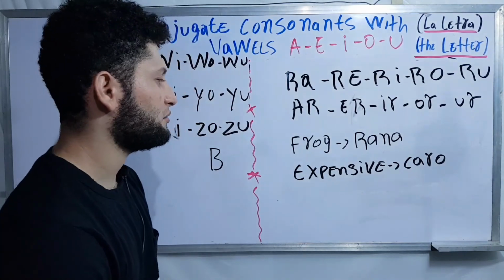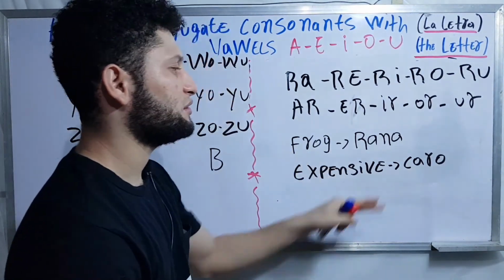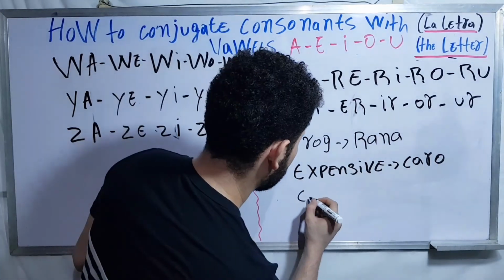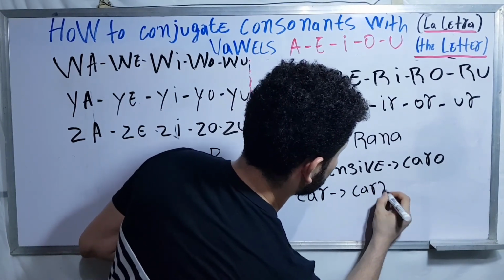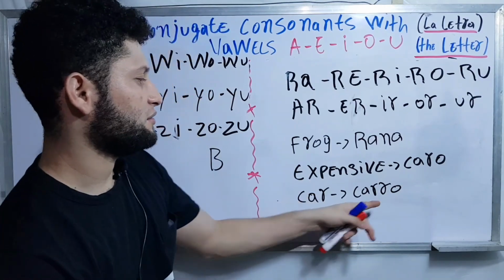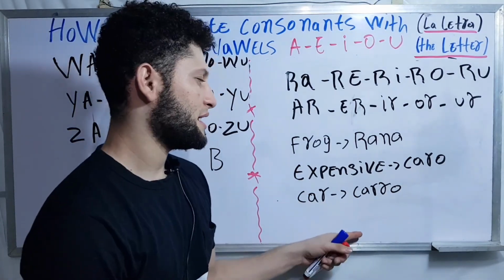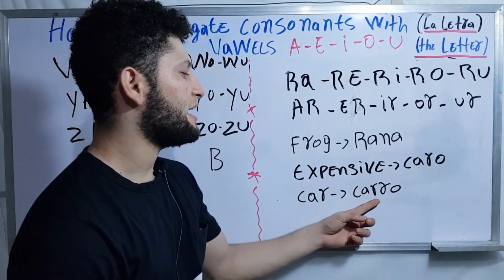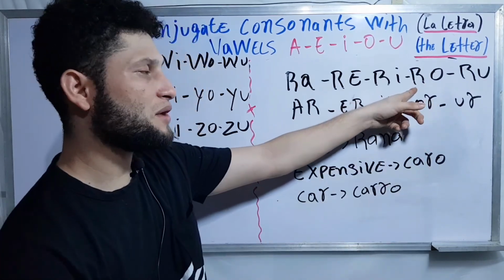But what about if you use two letters? For example, car, carro, carro. If you notice, guys, this R-O sounds like this one.